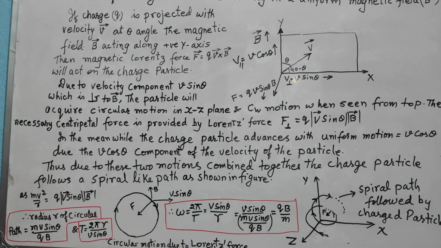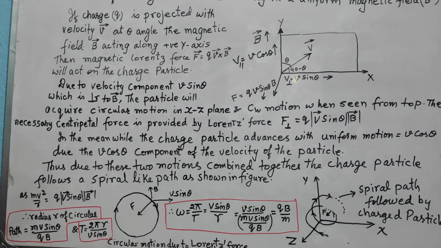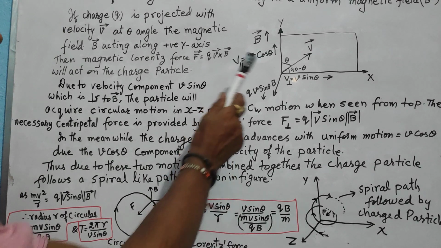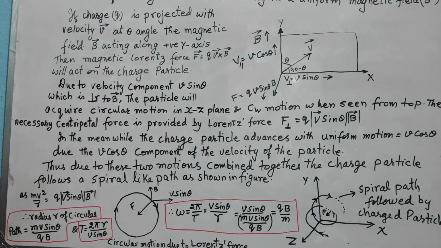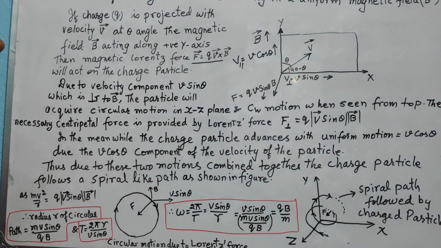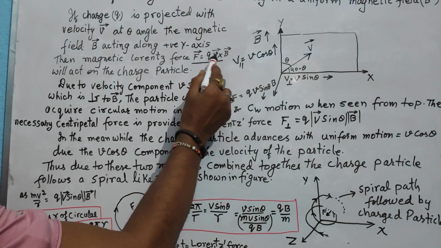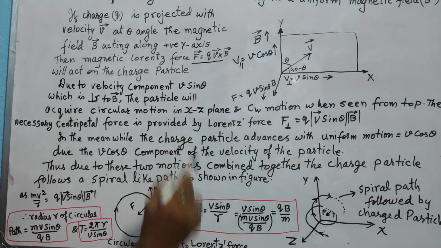Now here you see, for the component v sin theta, which is perpendicular to the magnetic field, some Lorentz force will act on the particle. This Lorentz force will be given by the general relation q v cross B, and when you expand v cross B you get vB sin theta.